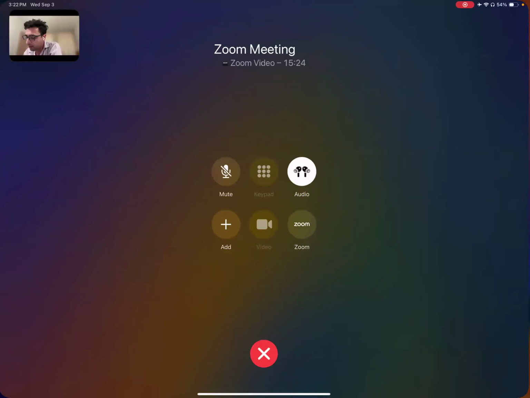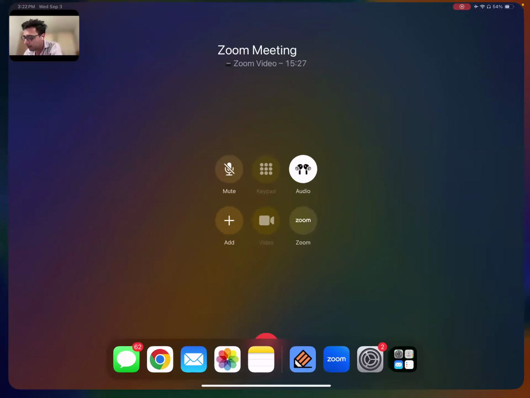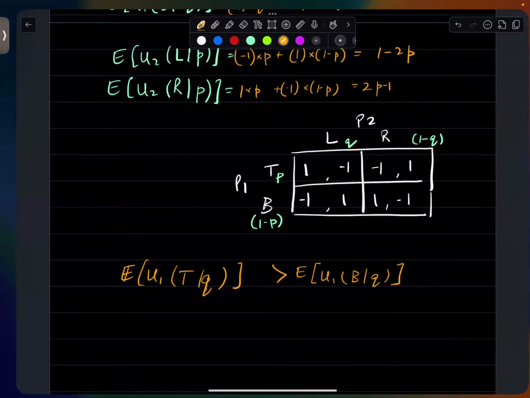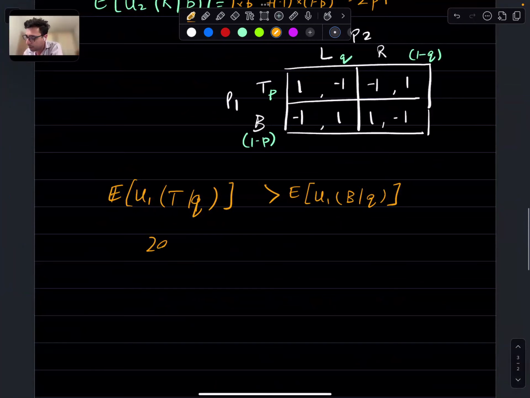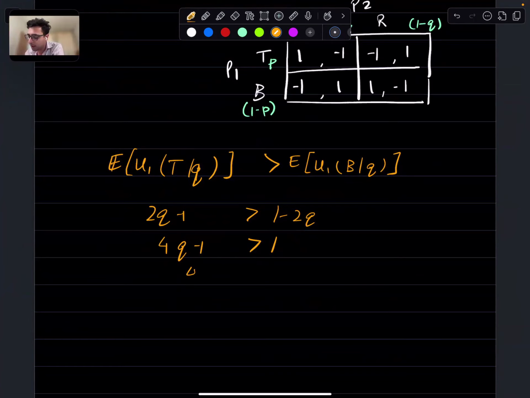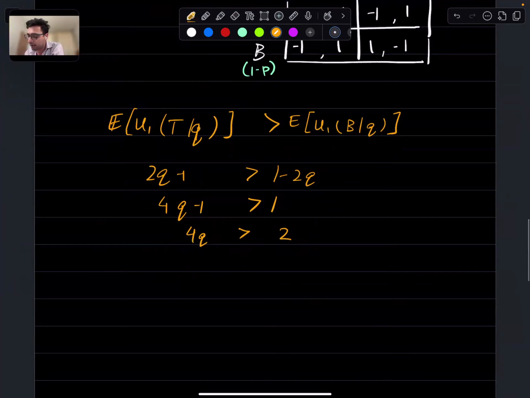Right, so which simply means when is 2Q minus 1 greater than 1 minus 2Q. Add 2Q on both sides, you get 4 times Q minus 1 greater than 1. Add 1 on both sides, you get 4 times Q greater than 2. Divide by 4 on both sides, you get Q greater than 1/2.